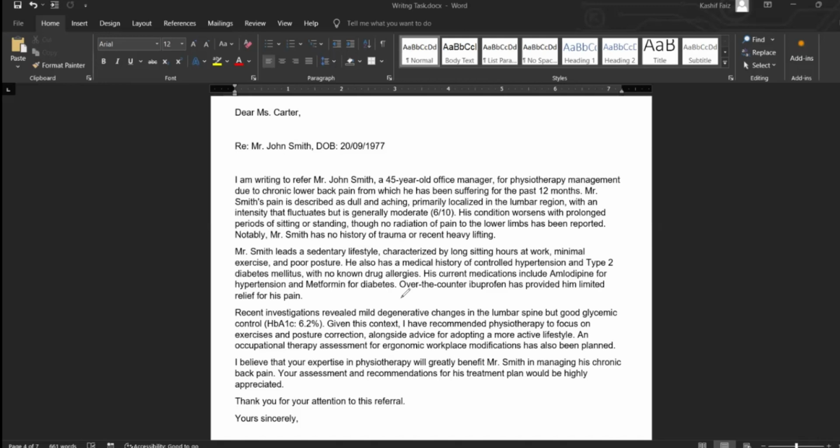For example, if the complaint was cardiac arrest or chest pain, yes, smoking history is relevant. You should mention that he has been a chronic smoker for the past 15 years, and in the last paragraph you can say that my assessment is, or my recommendation is, to adopt a more active lifestyle and cut down on smoking. If it is relevant, then you should mention it. If it's not relevant, you will just drag it and you will lose marks.